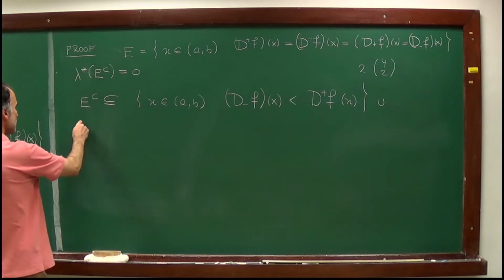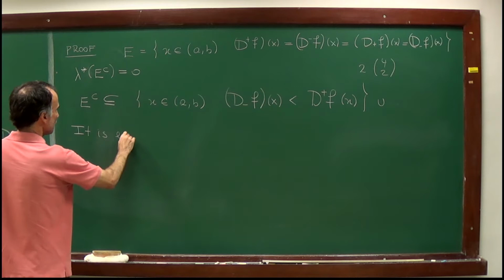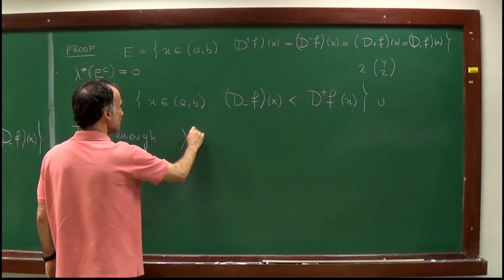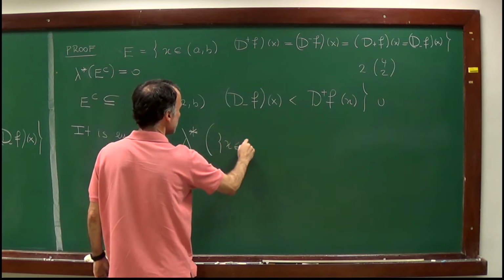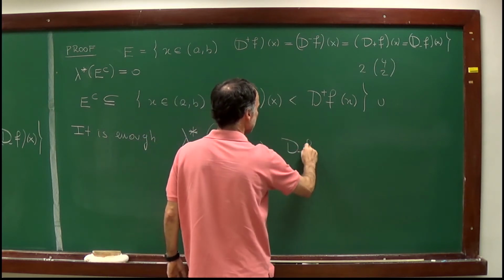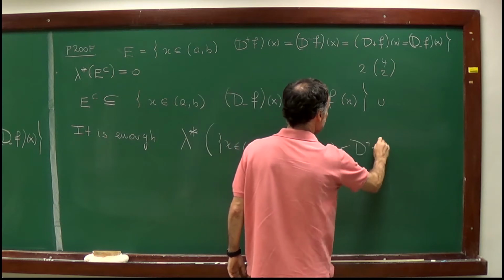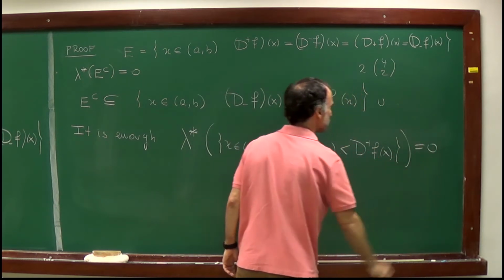So what I'm claiming is that it is enough to prove that the outer measure of this set, the set of points x in AB such that d minus f of x is smaller than d plus f of x, is equal to 0.